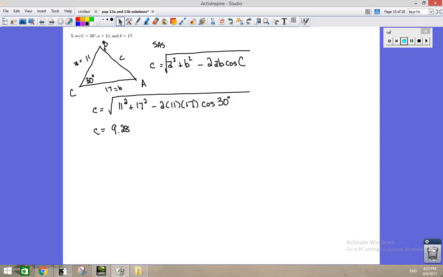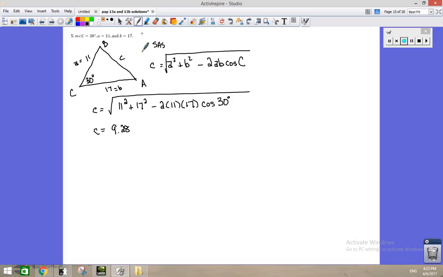So it's possible that angle B could be an obtuse angle. When I use the law of sines to find angle B, I'm going to have to use inverse sine, and the inverse sine is going to return an angle not in quadrant 2, but in quadrant 1. So if I'm going to switch to the law of sines, I need to find angle A first, just to be cautious. If I'm sticking with the law of cosines, I don't have to worry about it.